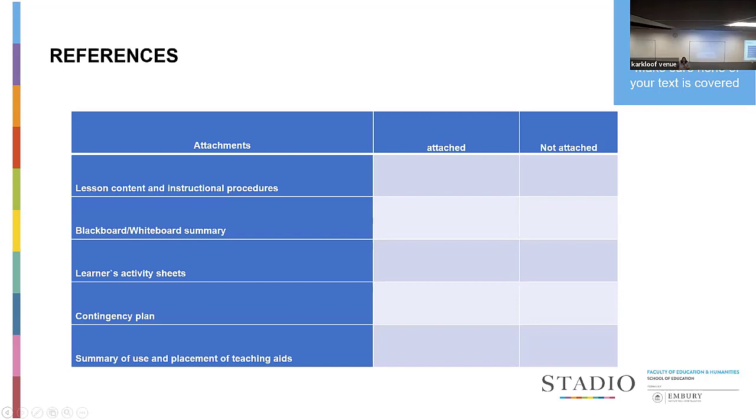Should there be a break or should something not be able to go on as planned? What are your contingency plans? And a summary of the use and placement of teaching aids. These need to be part of your lesson plan.